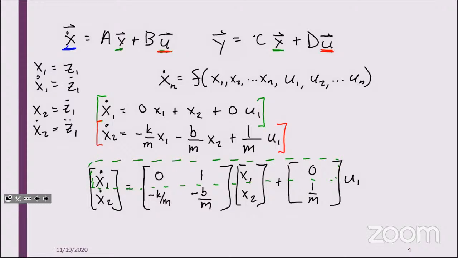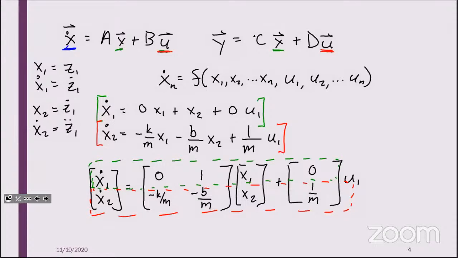Remember, when you are doing the matrix operations here, we're just creating linear combinations. What does that mean? Remember, matrices, row times column, right? First row here, 0 times x1 plus 1 times x2.